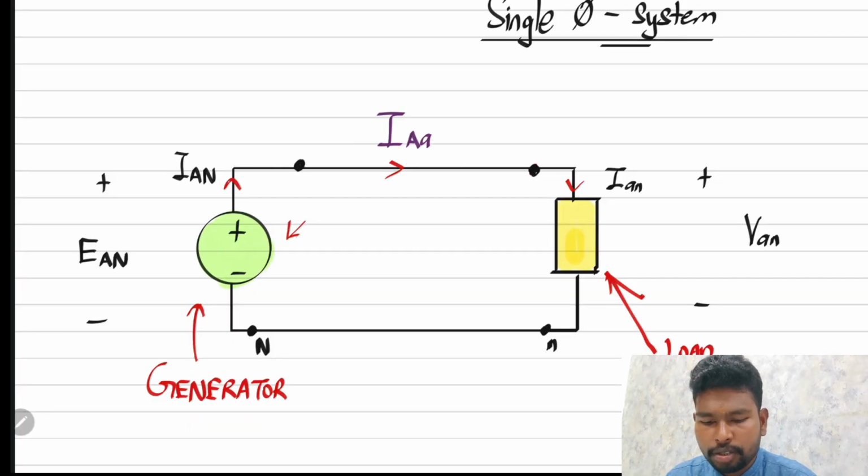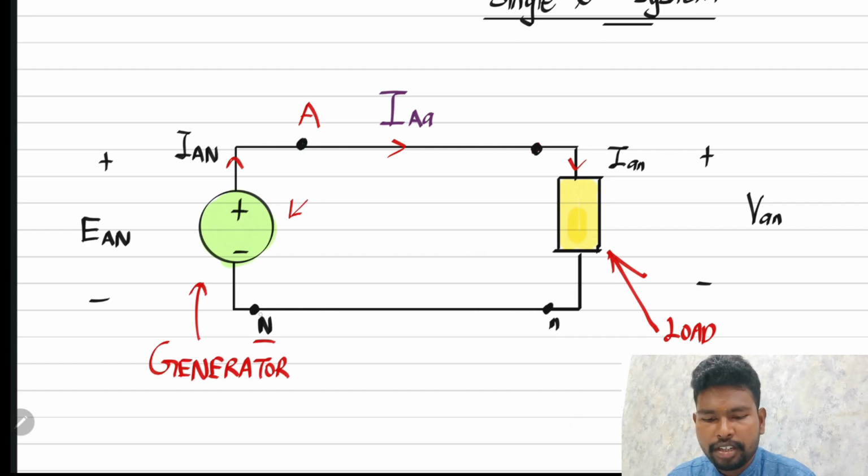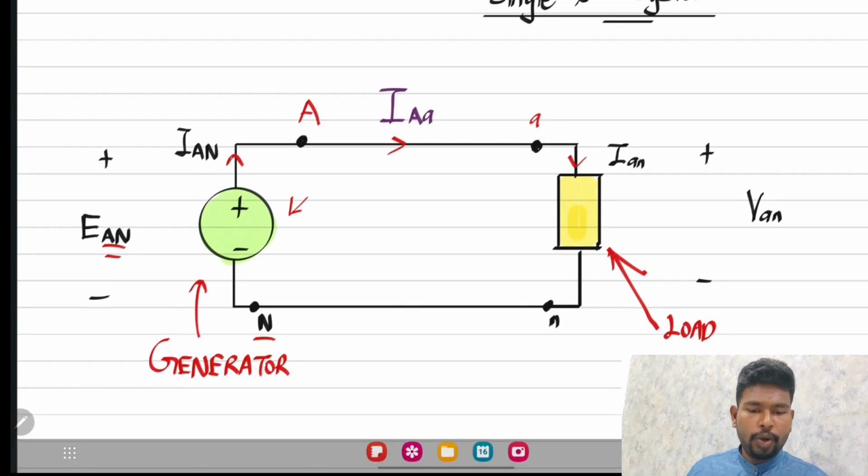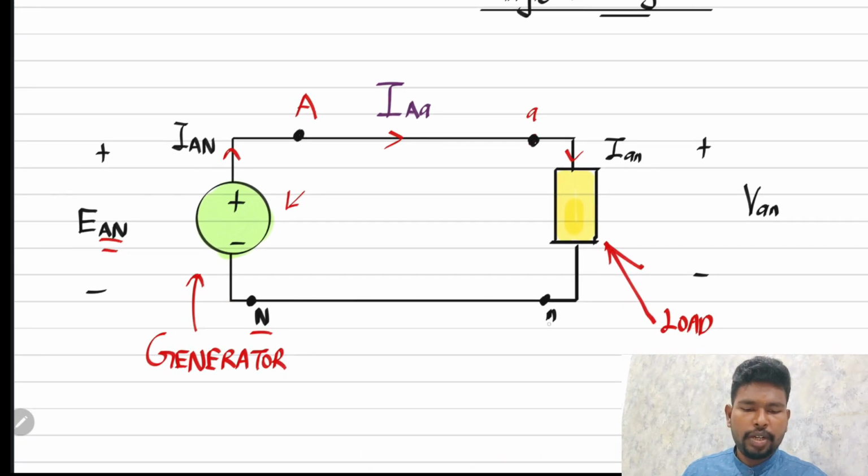The voltage drop from the node A to the neutral will be EAN. The potential difference between node A and the neutral point is EAN, whereas the potential difference between lowercase a and the neutral line is VAN.